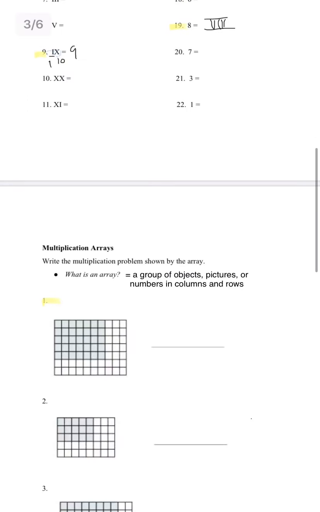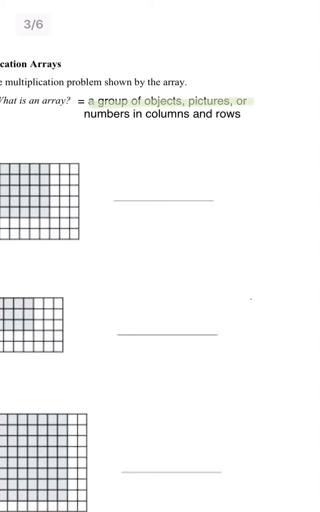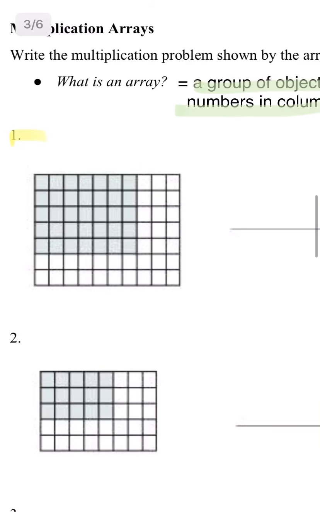And let's move on to multiplication arrays. It says, write the multiplication problem shown by the array. So what is an array, by the way? Well, it is a group of objects, pictures, or numbers in columns and rows, okay? So then let's try to represent it in a multiplication problem. So let's count it.